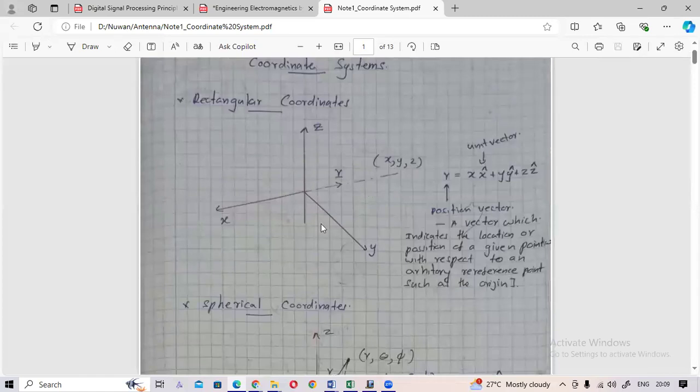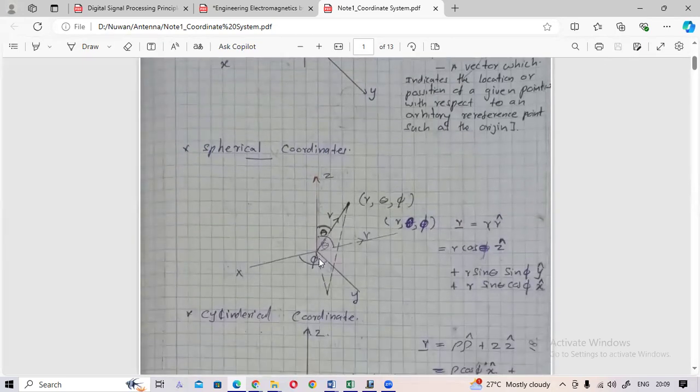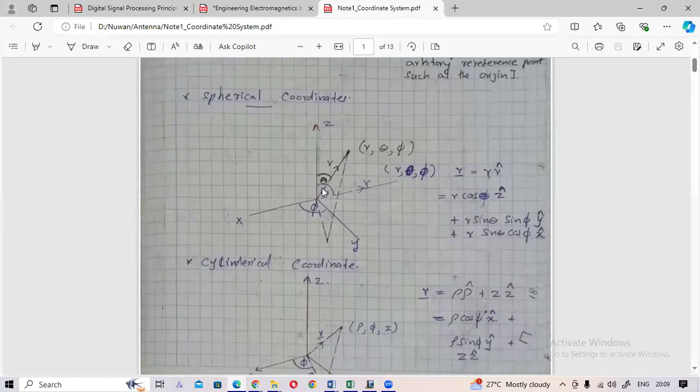So this is Z, Y, X, and you have to use your right hand to get this direction. In spherical coordinates, that is r, theta, phi. r is the radius, theta is the angle from the z axis, and phi is the angle from the x axis toward the y direction.